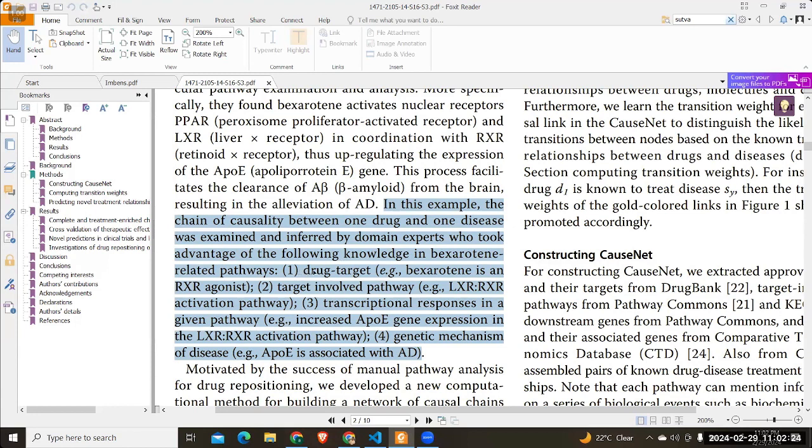As a drug target, bexarotene can activate this RXR target. RXR, they say, is the retinoid X receptor, and this retinoid X receptor can trigger the pathway LXR. LXR, they say, is the liver X receptor.